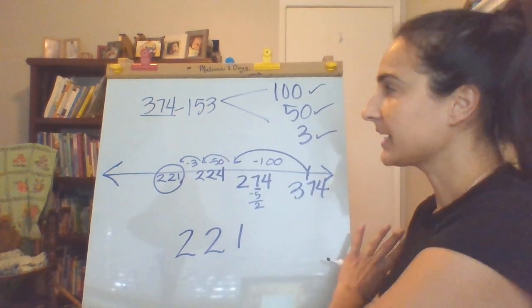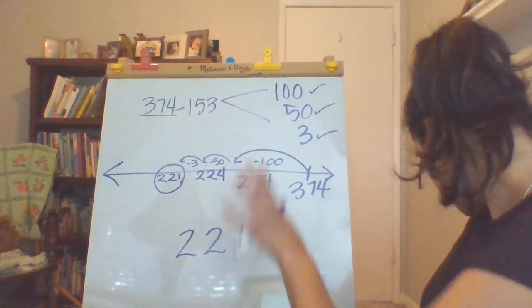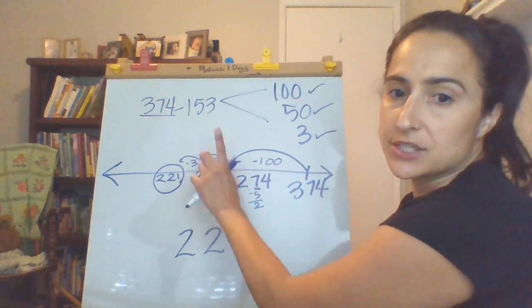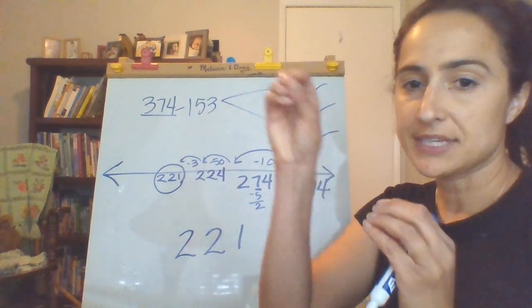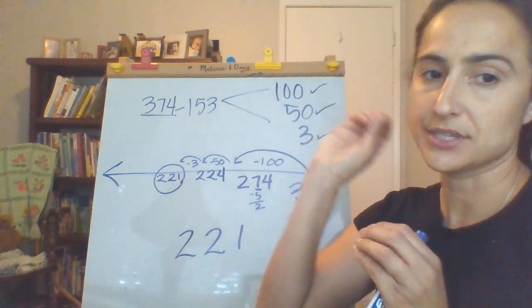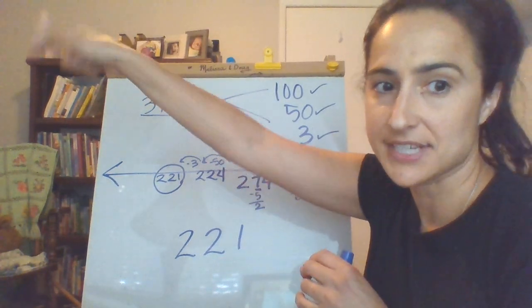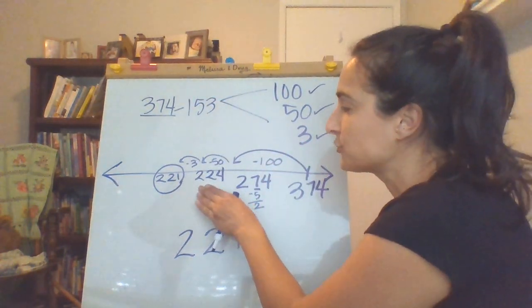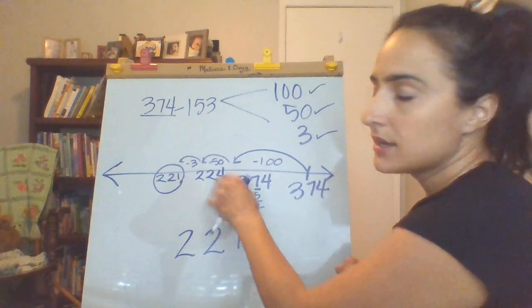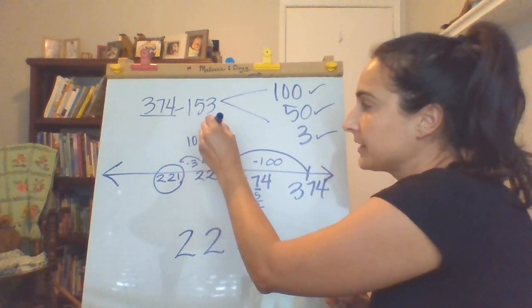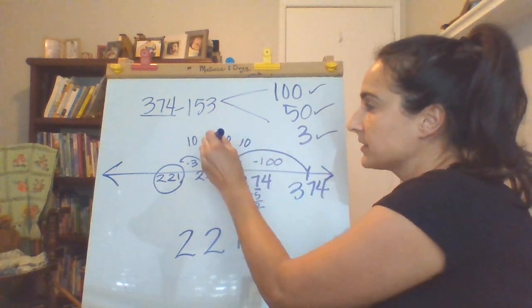And again, like I told you back in lesson 6, if you don't feel comfortable doing the jump of 50, you can break it down into 10s. So you can take away 10 five times. 10, 10, 10, 10, 10. You'll still get to the same answer if you do it right. So you can break it up into one chunk of 50 or 10 five times.